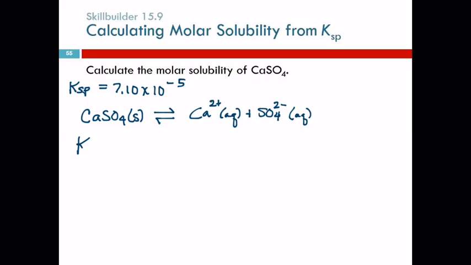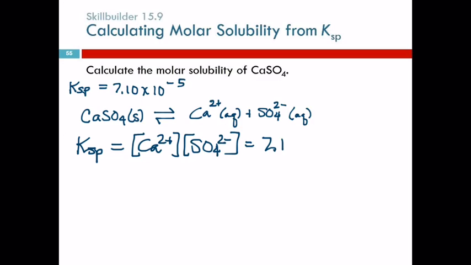So then the KSP expression, KSP equals calcium times sulfate, and that equals 7.10 times 10 to the minus 5. Oh, that's not very pretty.